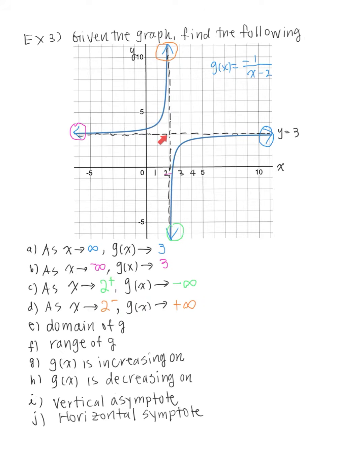This graph is defined from negative infinity all the way to 2, but it's never going to touch 2. So how do we express that in interval notation? It's going to be negative infinity to 2, open.